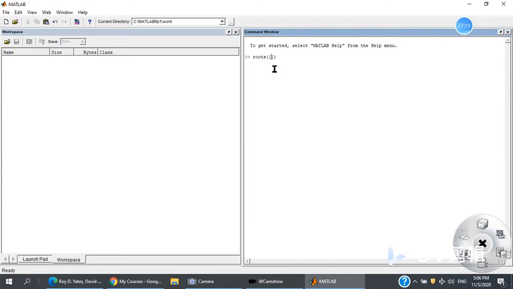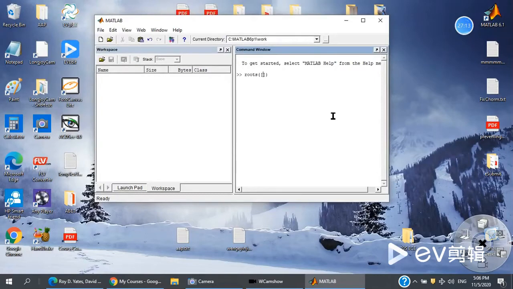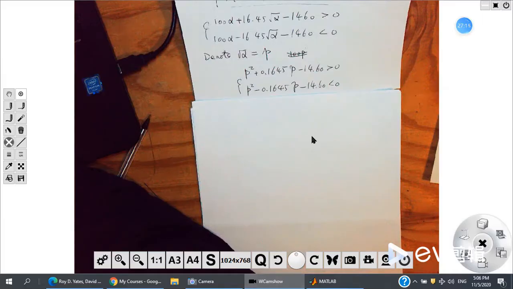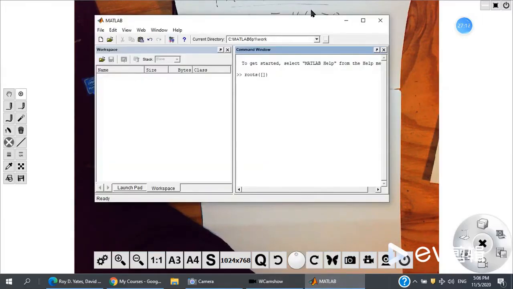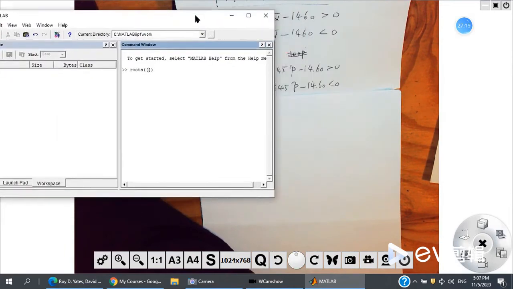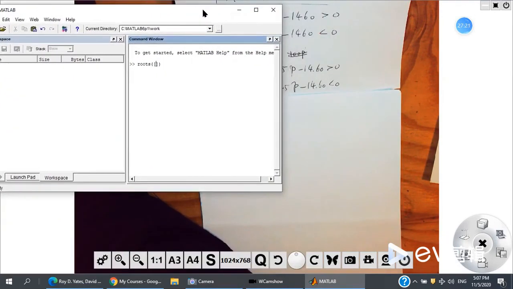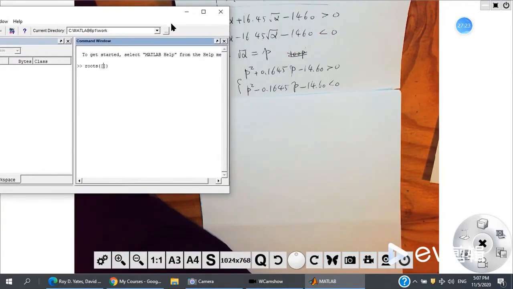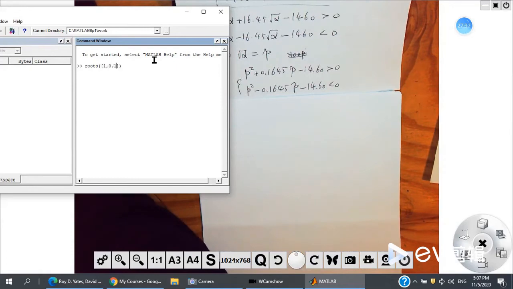The first one: P squared has coefficient 1, P has coefficient 0.1645, and the constant is negative 14.60.